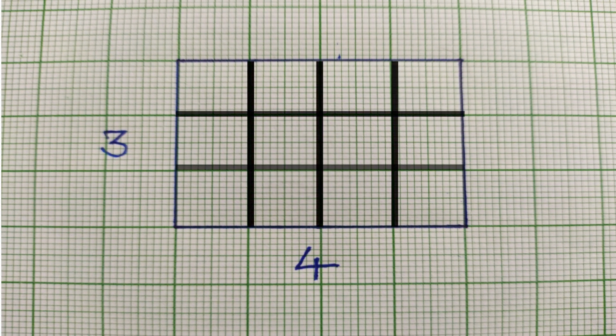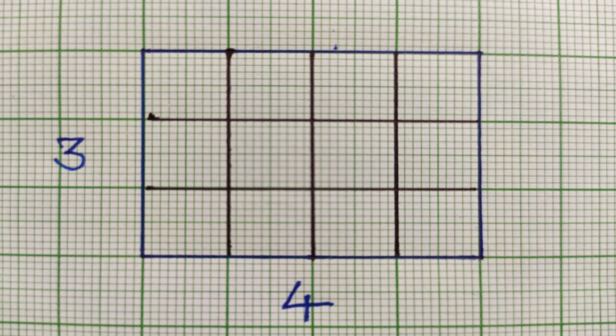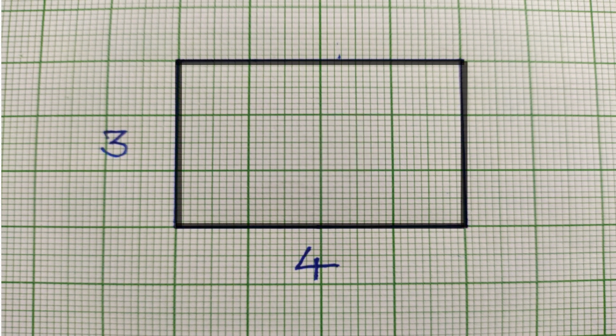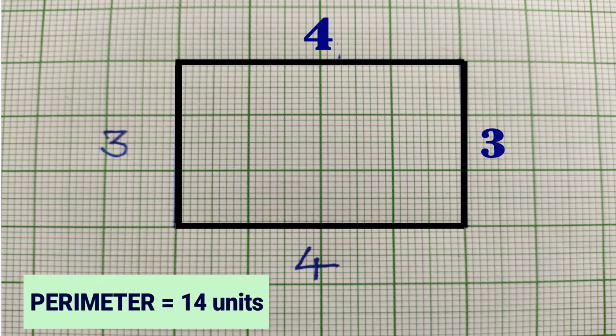We can divide the rectangle into unit squares. In the graph paper, each grid is 1 into 1 square. We know to find perimeter, we need to take the sum of all sides. That is 14 units.